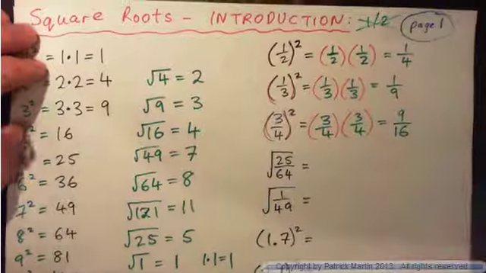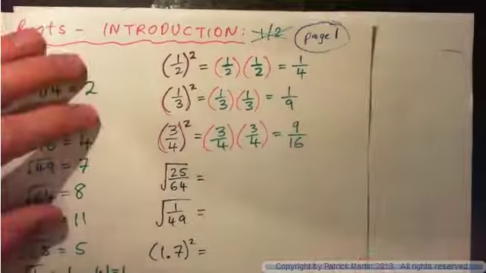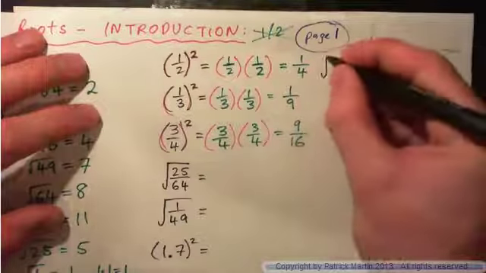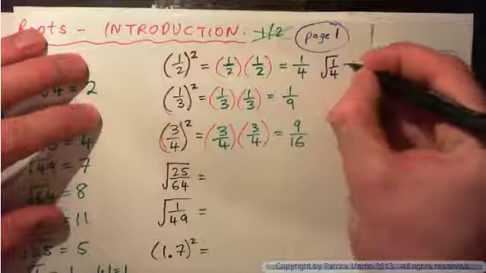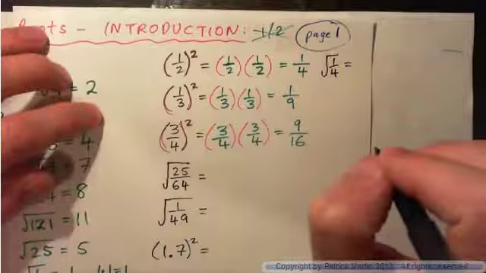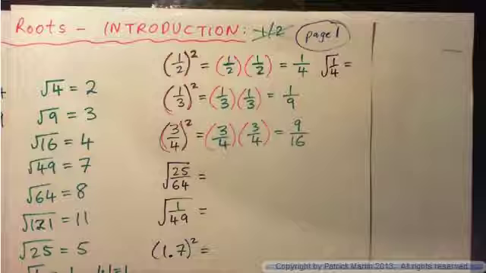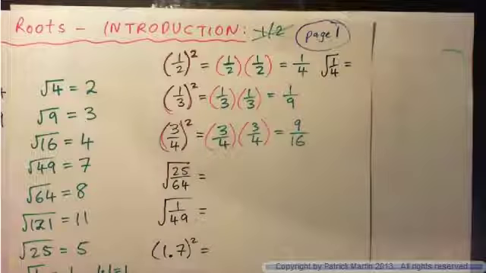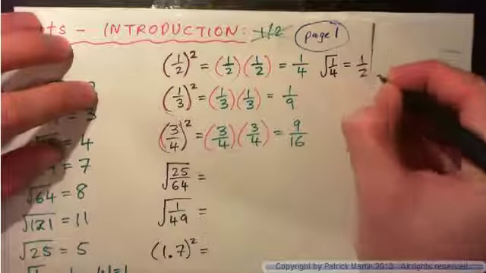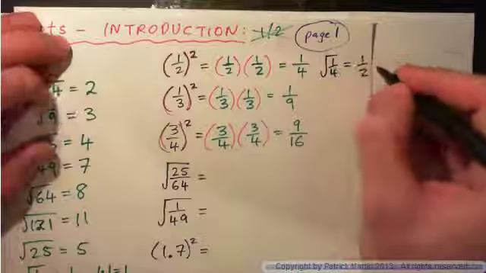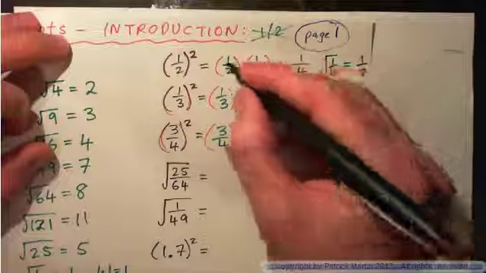So the point is, if you were asked what is the square root of 1/4, in other words, what times itself gives a quarter, what would you say? 1/2. So the square root of 1/4 is actually 1/2, because 1/2 times 1/2 gives a quarter.